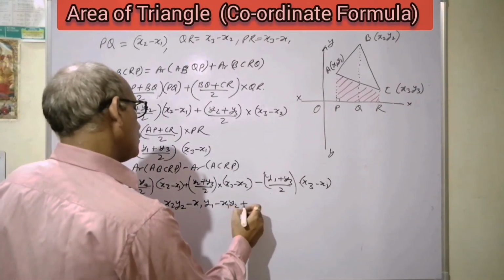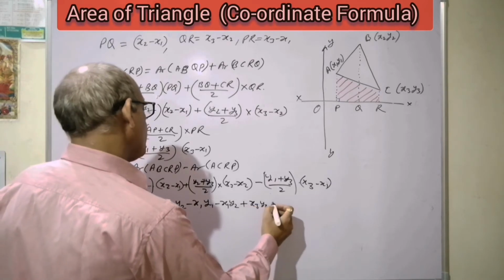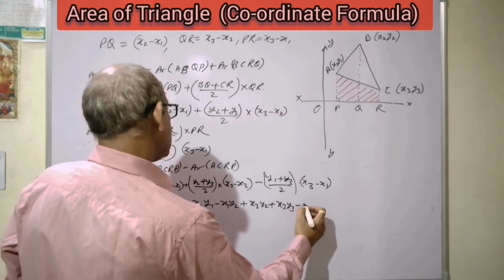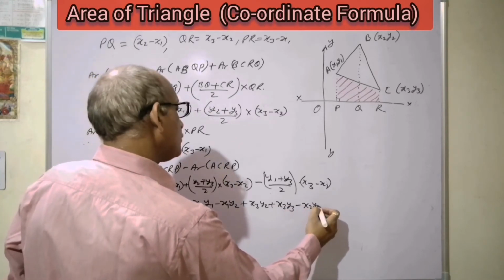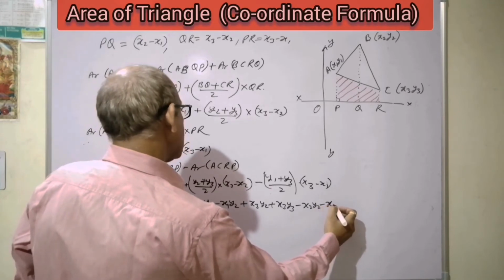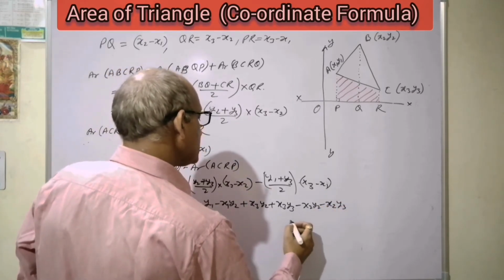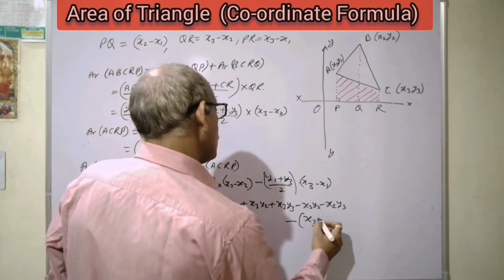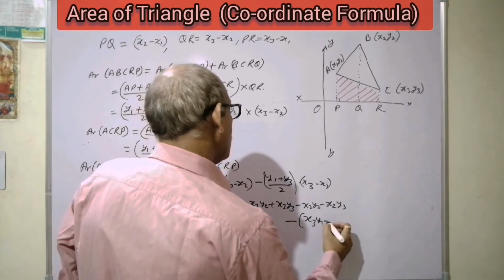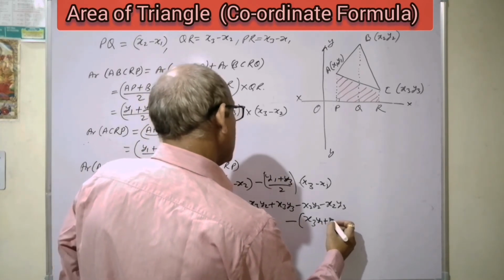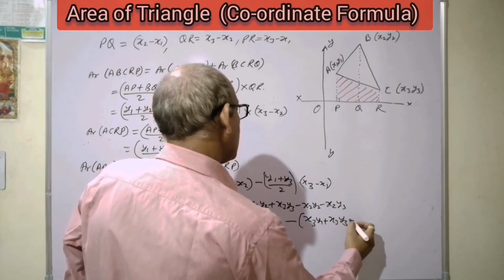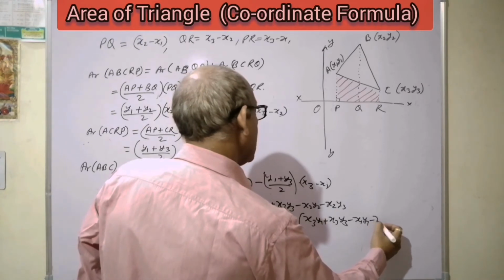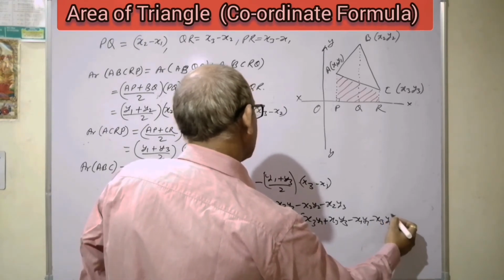Now come to the next: x3 y2 plus x3 y3 minus x2 y2 minus x2 y3, minus x3 y1 plus x3 y3 minus x1 y1 minus x1 y3.